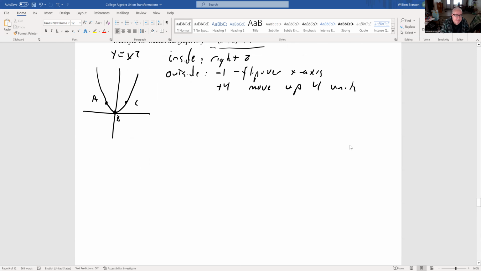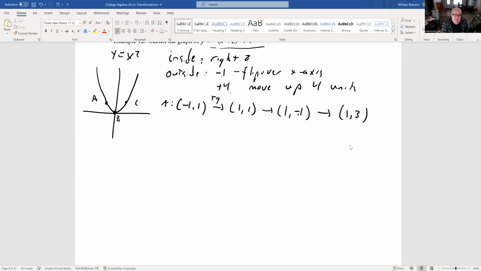So if A is -1, 1, what happens to that? It goes right 2 units, so that means adding 2 to the x coordinate. The -1 means multiplying the y value by -1, and then we move it up, adding 4 to that.